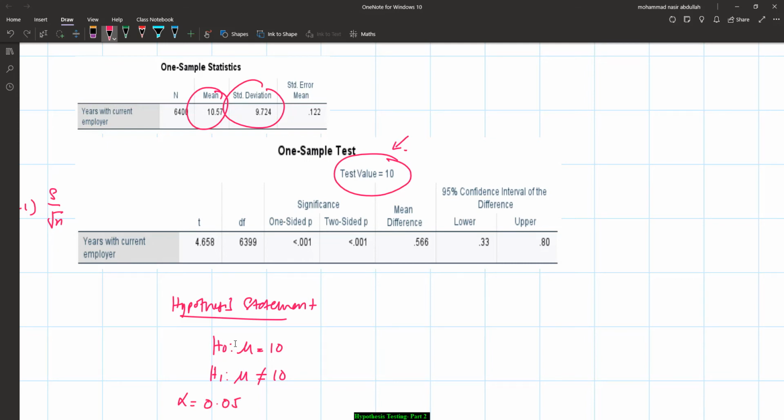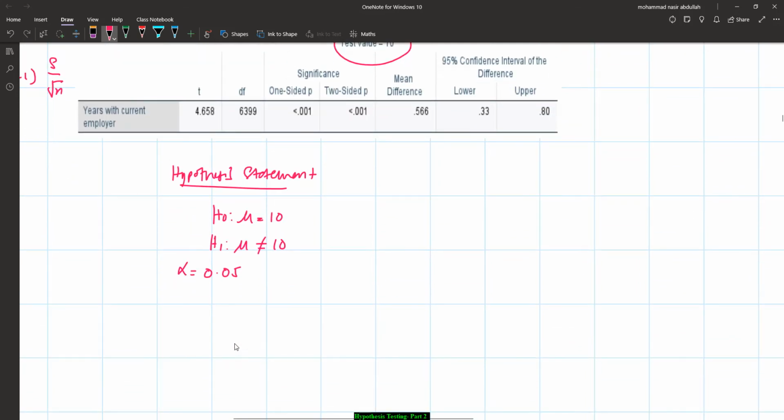Looking at the SPSS output, the test statistic uses the T distribution. T is equal to 4.658.